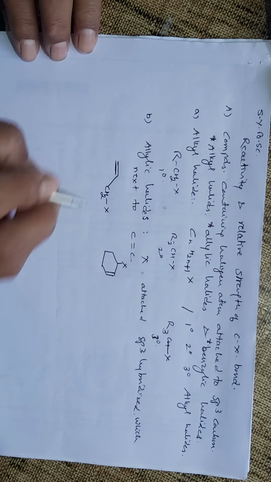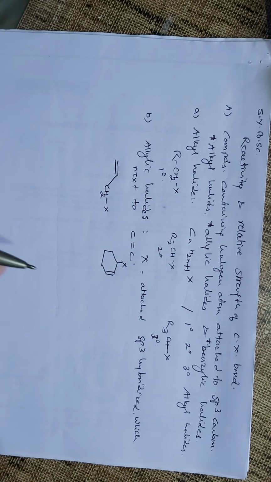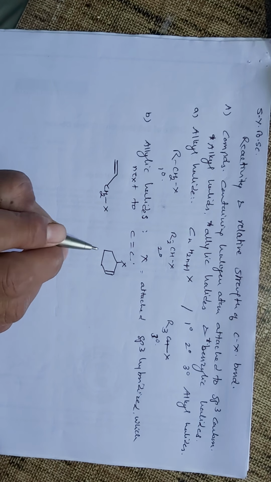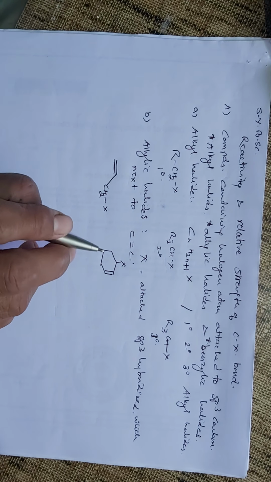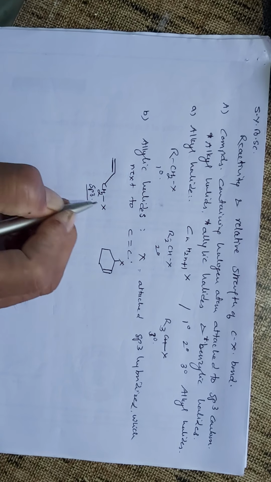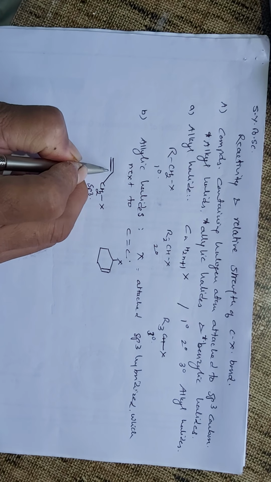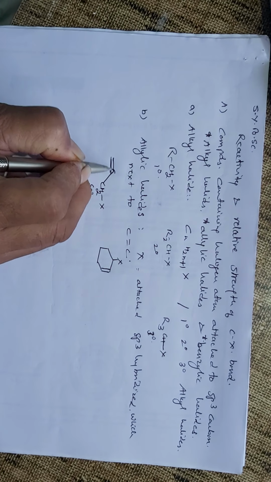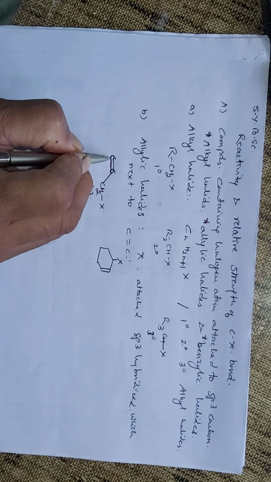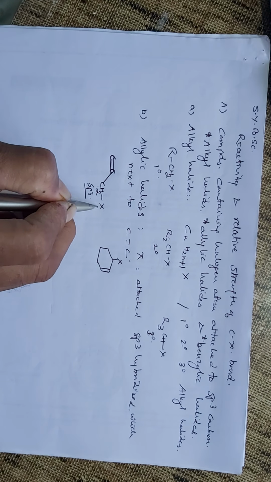So in this way, these allylic halides are the compounds in which the halogen atom is attached to an sp3 hybridized carbon atom which is adjacent to, or next to, a carbon-carbon double bond. Means to this carbon-carbon double bond, one sp3 hybridized carbon atom is attached, and to it the halogen is attached.